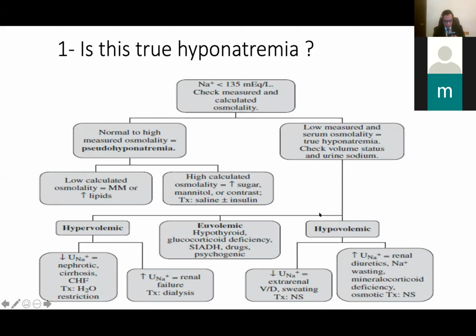It's divided into hypovolemic, euvolemic, and hypervolemic. So if I have a hypoosmolar hyponatremia, I should check my patient's volume status. Whether the patient is hypovolemic, euvolemic, or hypervolemic, we will treat based on the volume status.